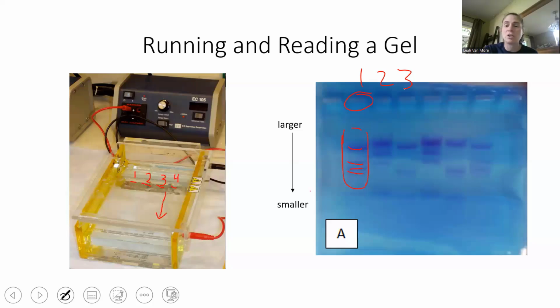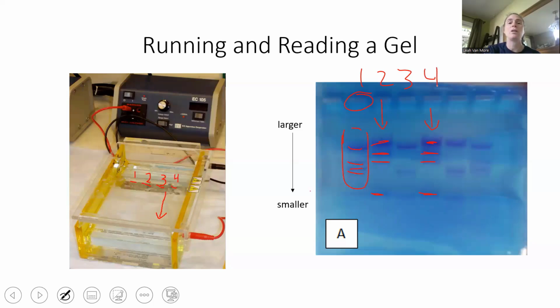So if we look at lane 2 here, and then we look at lane 4 here, we see that those bands, like here and here, here and here, here and here, and then there and there, are very similar. And so we know 2 and 4 must be pretty closely related.